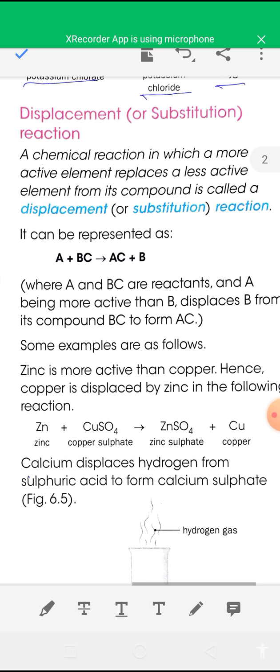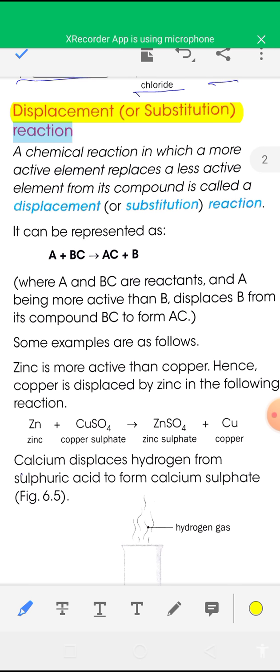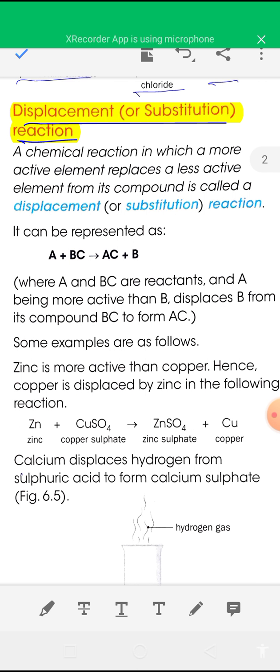The next type of chemical reaction is displacement reaction or substitution reaction. It is also called substitution reaction. In this reaction, a more active element replaces a less active element from its compound.